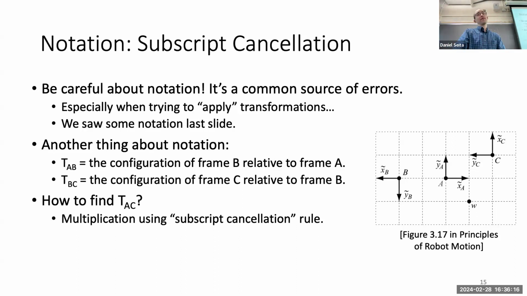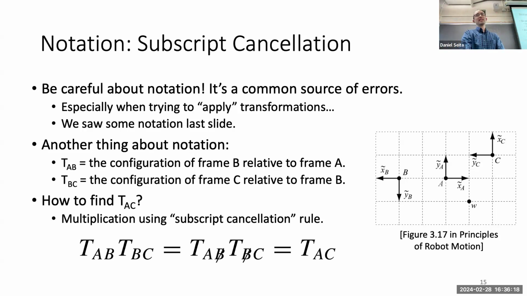There's a formula for doing that. You have this multiplied by that is equal to, and what you do is check that the second subscript of the first configuration is equal to the first subscript of the second configuration.